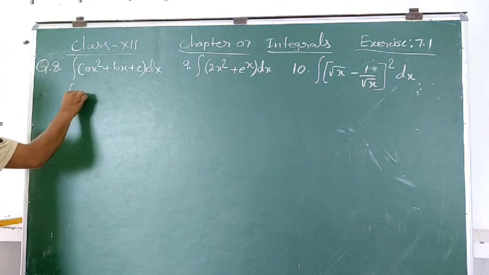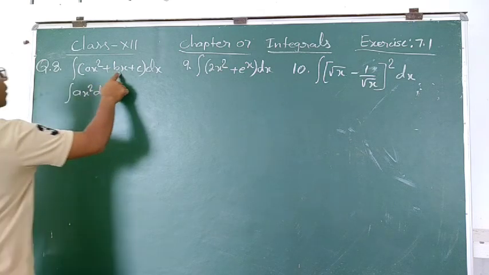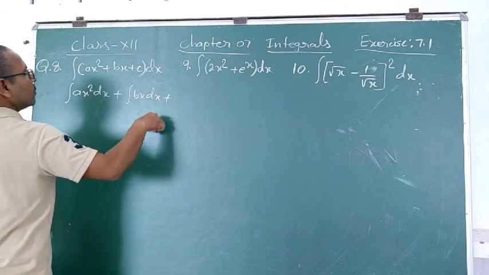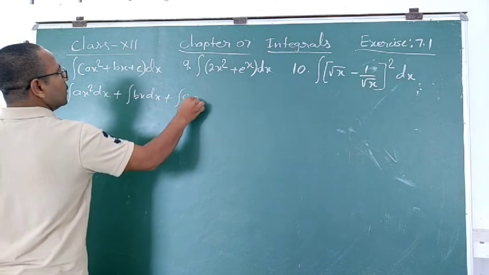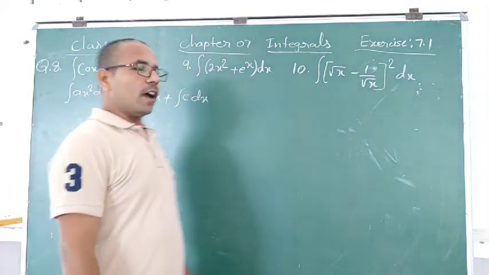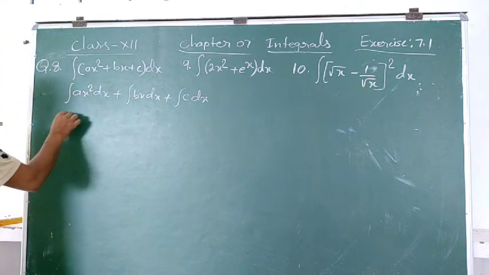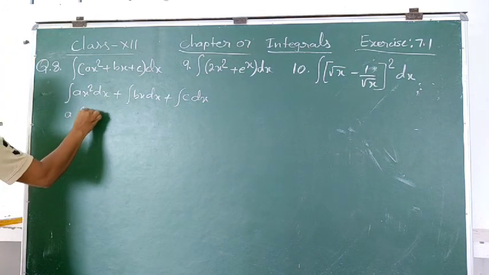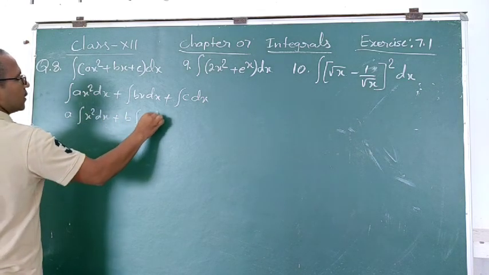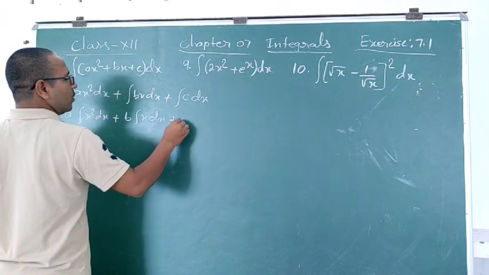So integral ax square dx plus integral bx dx plus integral c dx. So now students, what do we have to do here? Just we have separated it. a is the constant, keep it outside. So a integral x square dx plus b integral x dx plus c also a constant, you may take it outside, integral 1 dx.